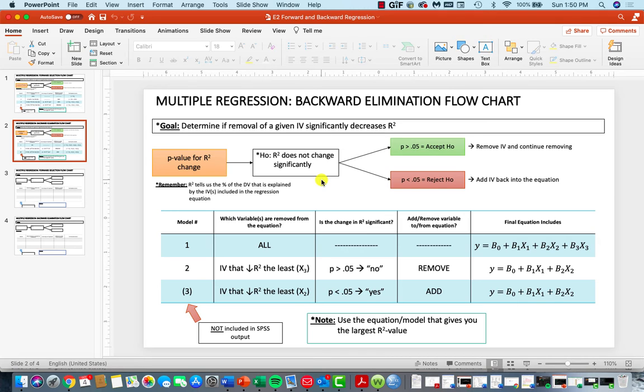Because if the decrease is significant, that means we've changed R squared too much and we need to reevaluate our situation.